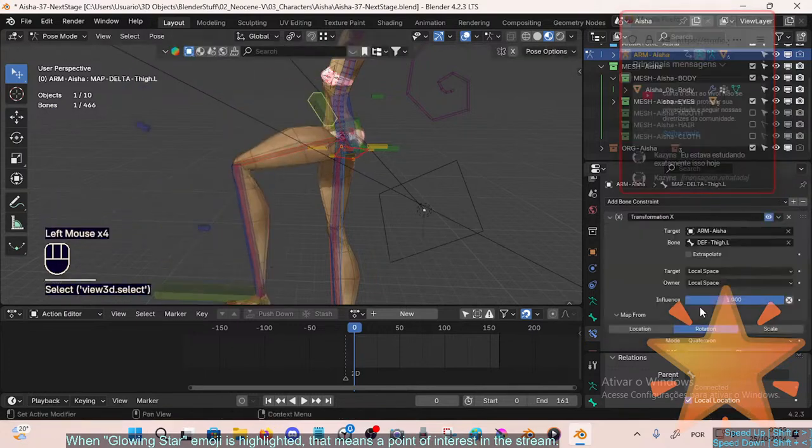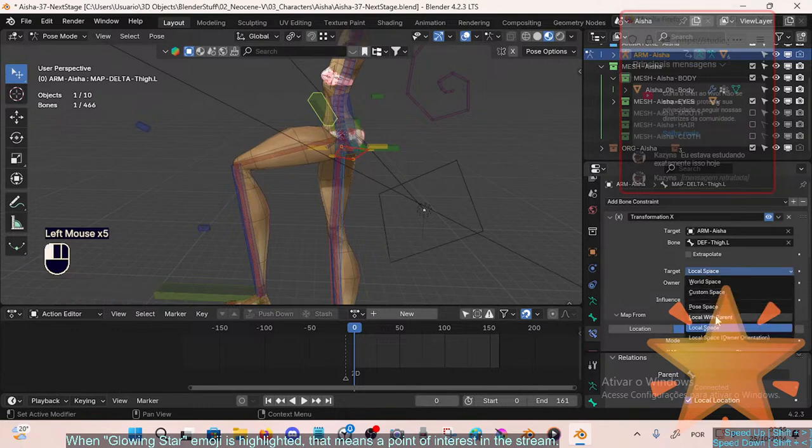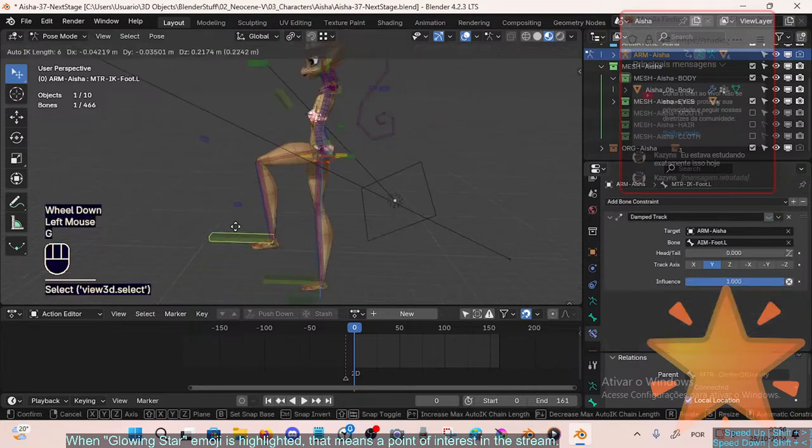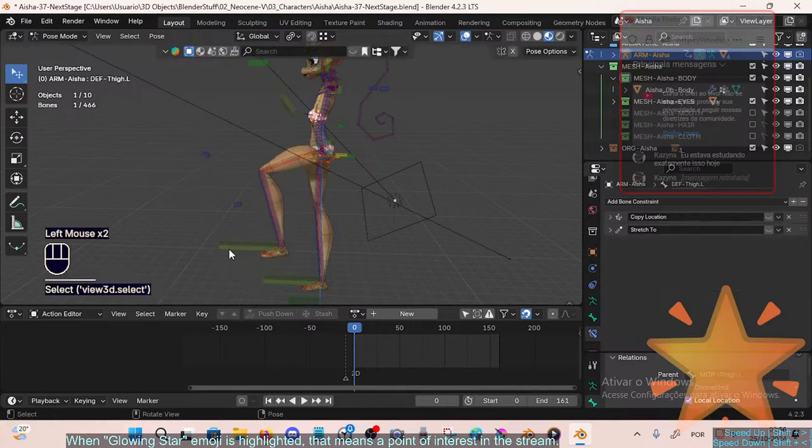So instead, we get the target parent with local space, where the transformation of the target bone is evaluated relative to its rest pose local coordinate system, so the original state, thus including the parent-induced transformation, and now it includes the parenting relation.